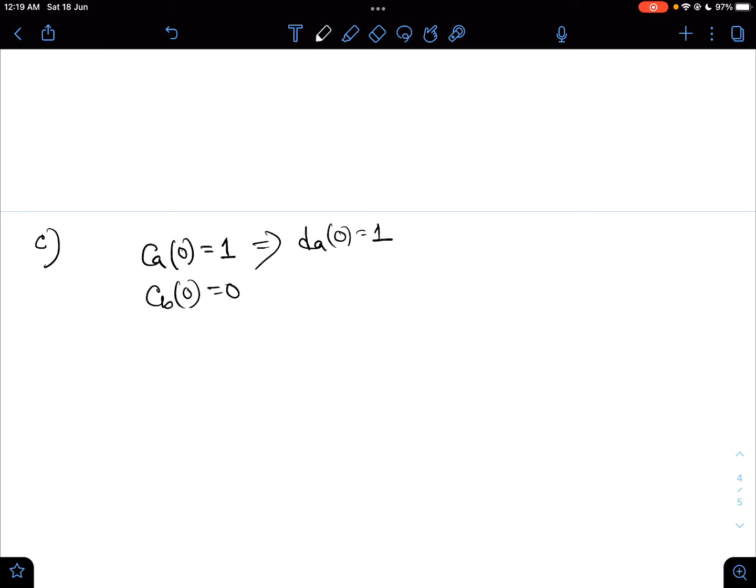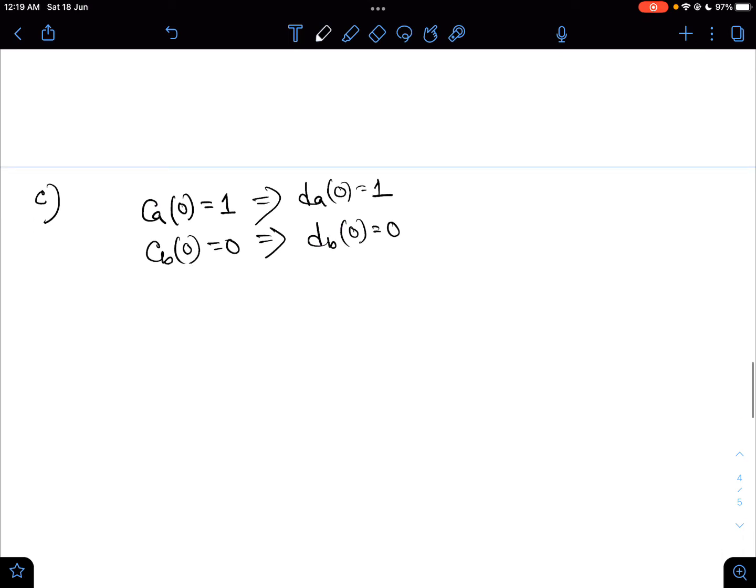So that will imply our d_b(0) to be 0. So in the 0th order, what will we have? In 0th order, we will have the same values. So in 0th order, d_a at any time will be 1 and d_b at any time will be 0.